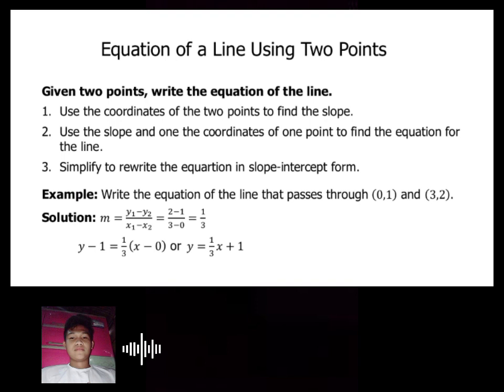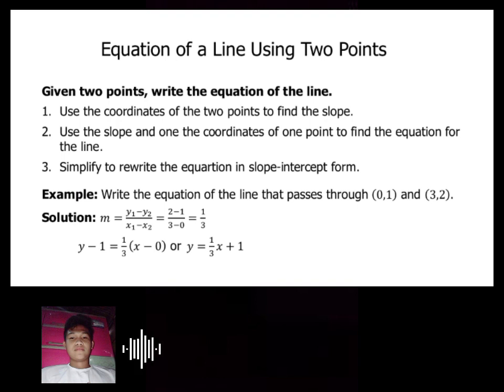So let me state an example. Write the equation of a line that passes through (0, 1) and (3, 2). In the solution, you need to use the slope-intercept form.